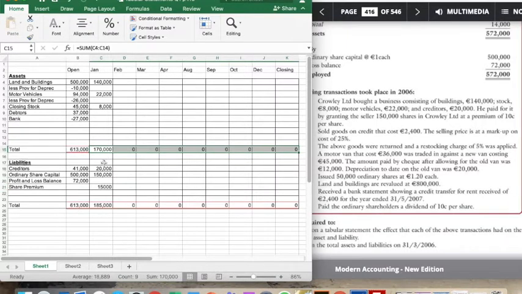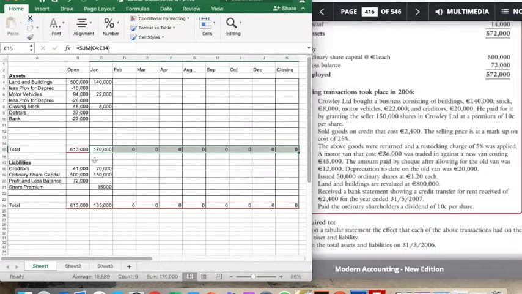Now we notice that these two figures don't agree at the moment. So he paid 165 for something that was worth less than that. There's 170,000 of assets minus 20,000 creditors, so the business that he paid for was worth 150,000.